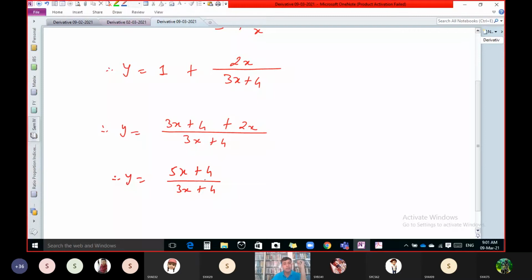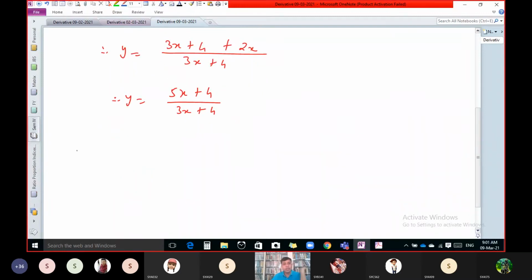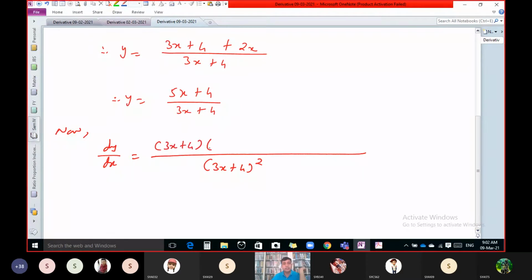And now differentiate. Which rule do we have to apply? Division rule, u upon v. Correct. So first step, write the square of the denominator and put it in the denominator. Then this 3x plus 4 as it is into the derivative of the numerator.